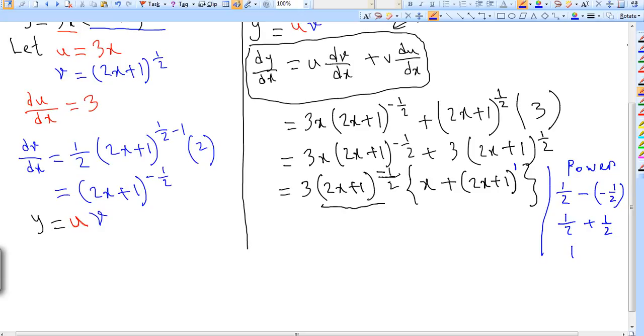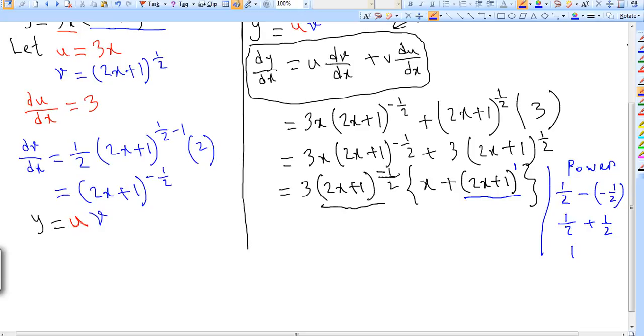Our main objective in this problem is to form linear factors. For that we have taken the negative power as common.